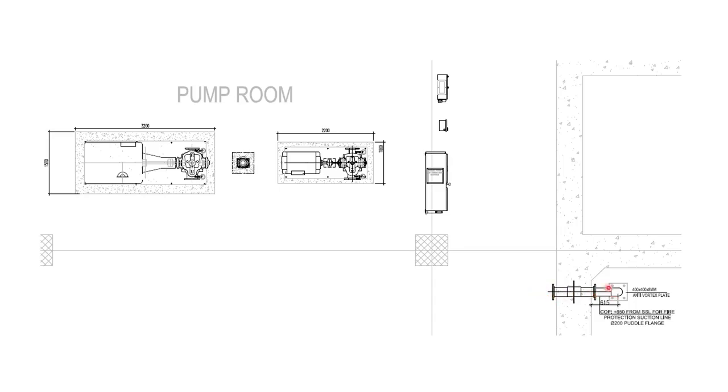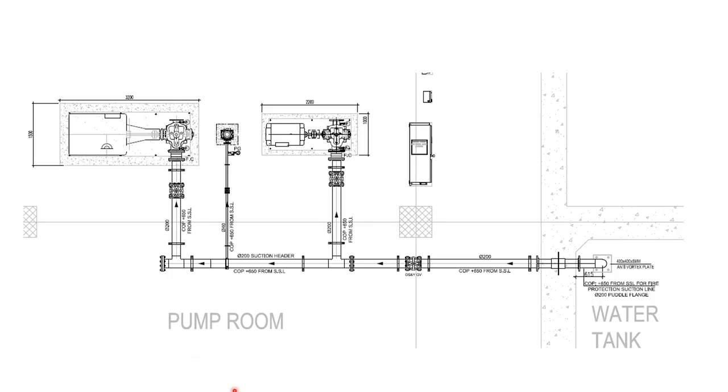Third step, after identifying the pump room, water tank, foundations and the puddle flange height, next we shall design and draw the suction header and suction piping for all the pumps. On the suction side, we shall have gate valves installed for each pump.